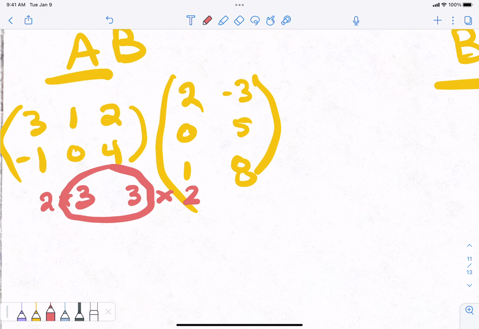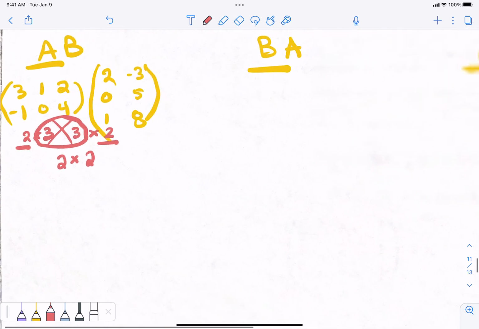You'll see why when we start to multiply them, okay? So those two numbers are the same. Yes, we can multiply them together. And when you cancel them out, left over would be a 2 by 2. So if I take a 2 by 3 times a 3 by 2, I'm going to end up with a 2 by 2. Make sense? Just leave that, and we're going to multiply them here in a second.